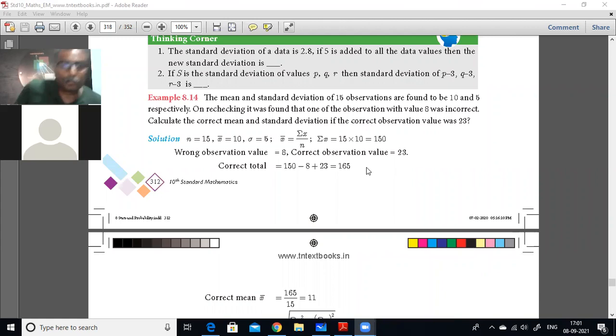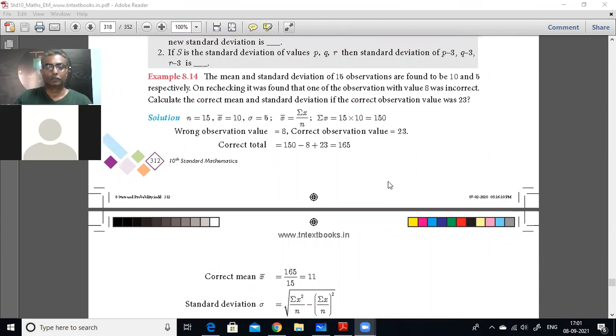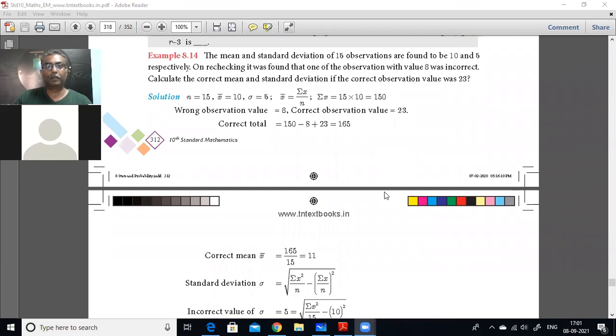Now one last one you have to do is example 8.14. This is a tricky one. Very easy to do, but it's a very interesting sum. Let us do it on the board.